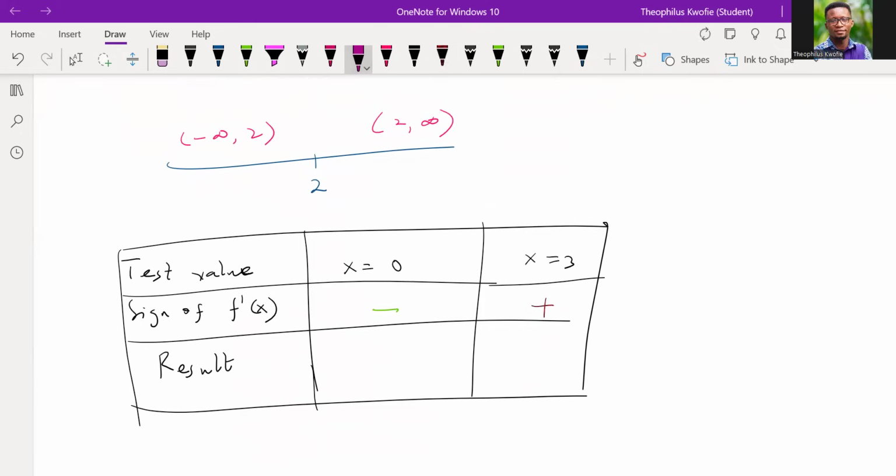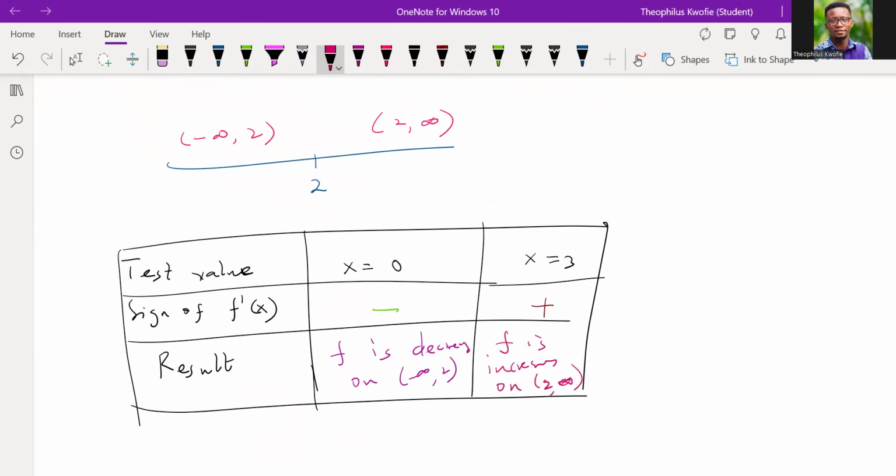So in that case, what can we say? Over here, f is decreasing on the interval negative infinity to 2. And over here, f is increasing on 2 to positive infinity.